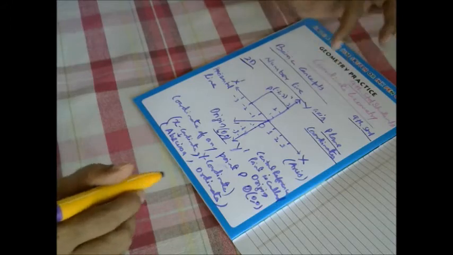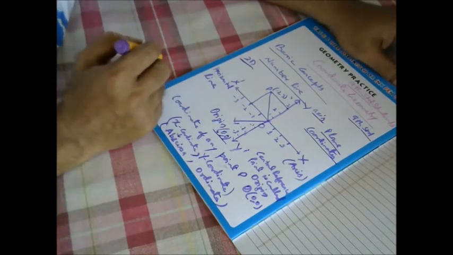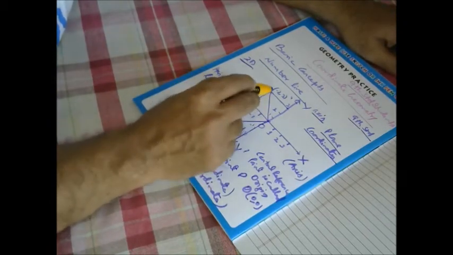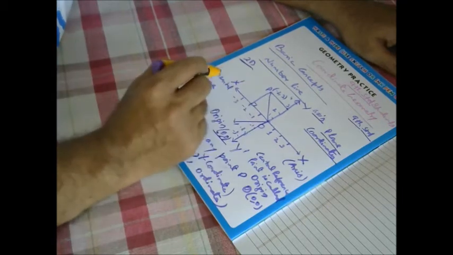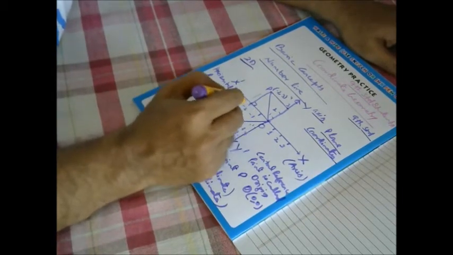From the origin, suppose we need to find this particular point P, how will we find it? This will form a right angle triangle. We have this distance with us, and this distance with us.